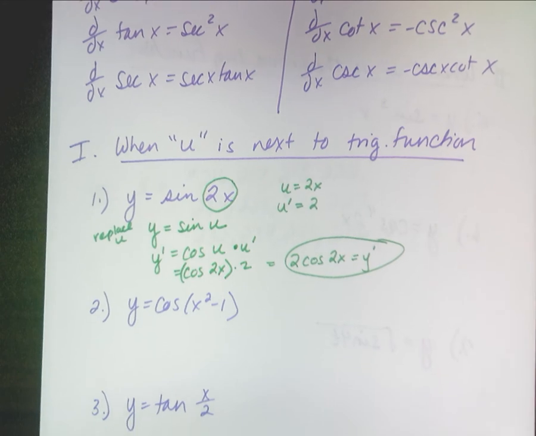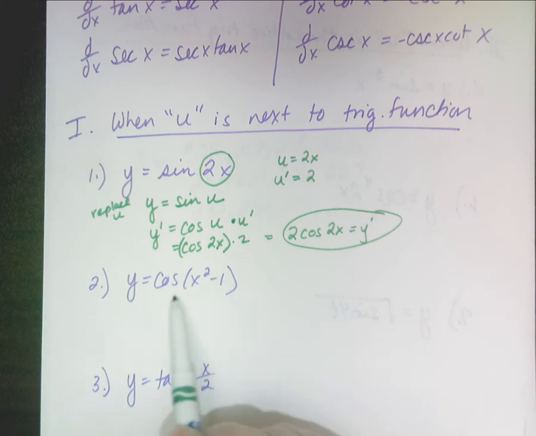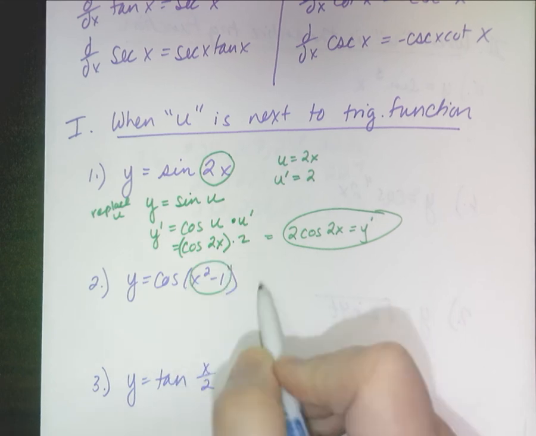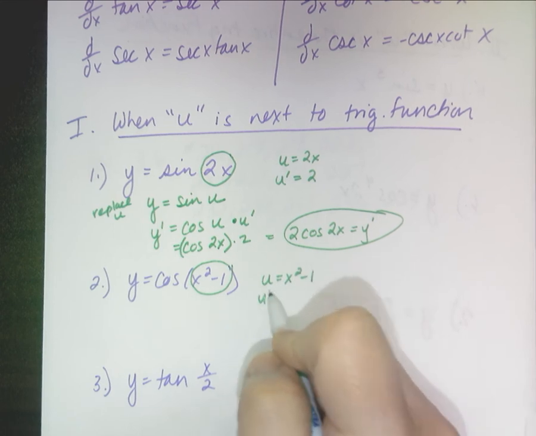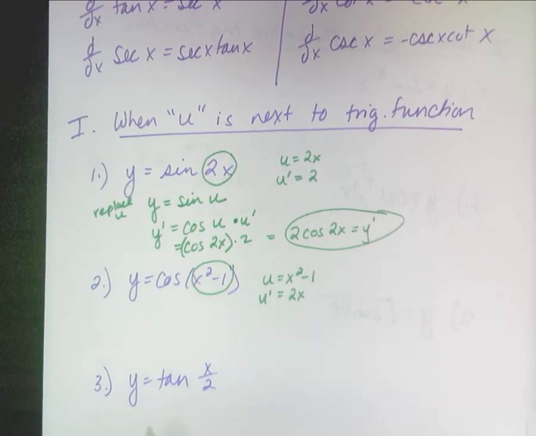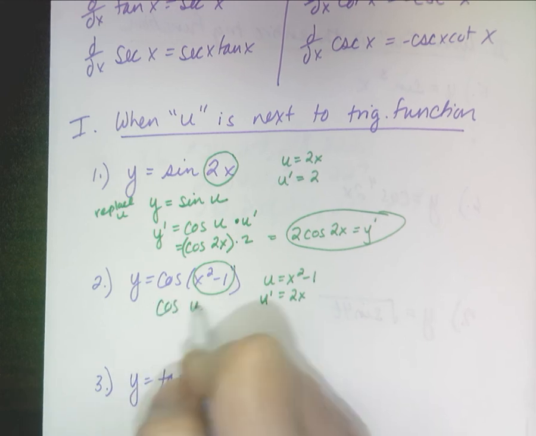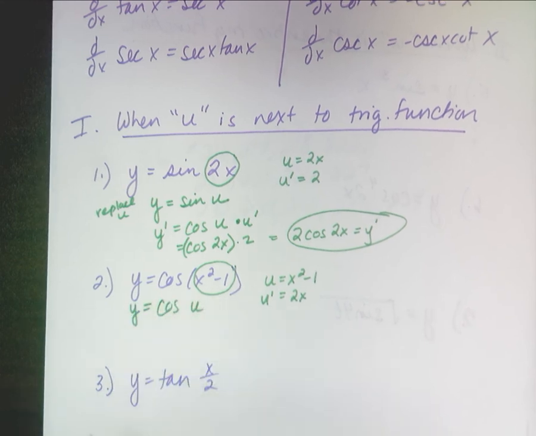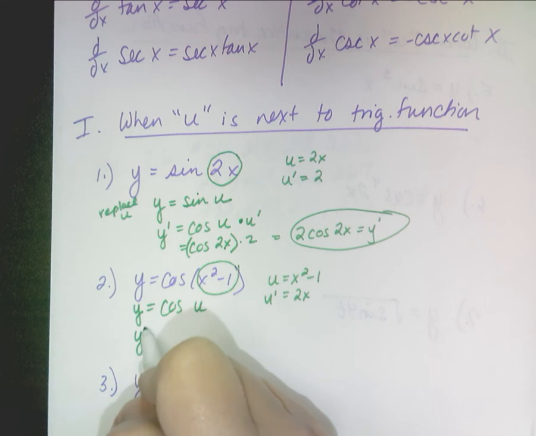Let's try that again. All right, so my second problem, y equals cosine of x squared minus 1. So once again, this is your U. Take a derivative, 2x. Rewrite that part with a U, so cosine U. Now that we've rewritten it, take the derivative.